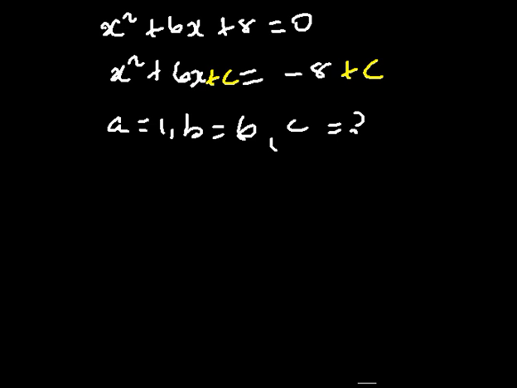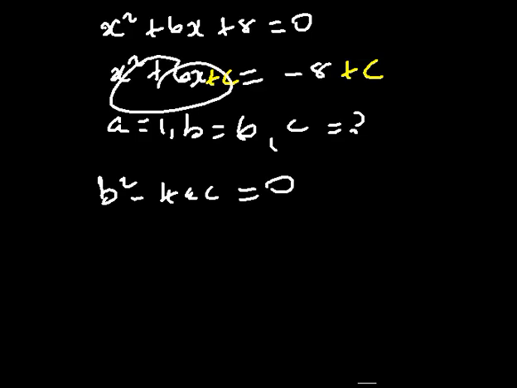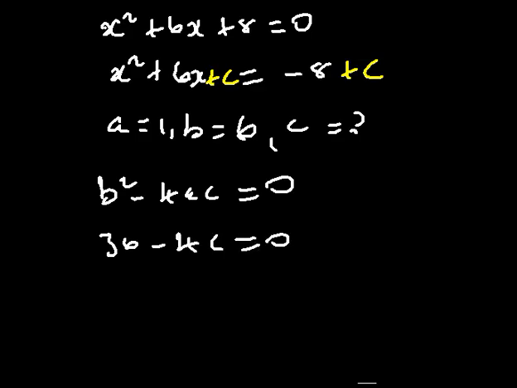So for this case, we have the discriminant b squared minus 4ac equal to 0, since it has to be a perfect square. So b is 6, that is 36 minus 4 times 1, which is 4 times c, which is 4c, equal to 0.